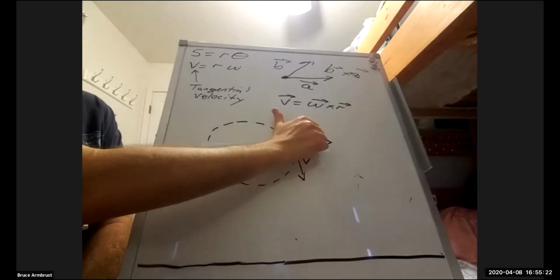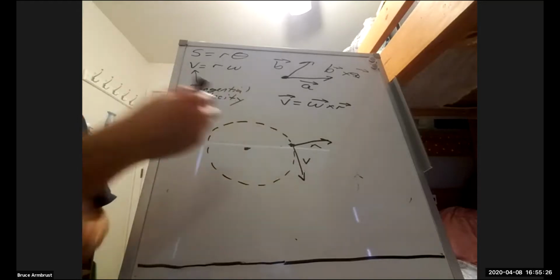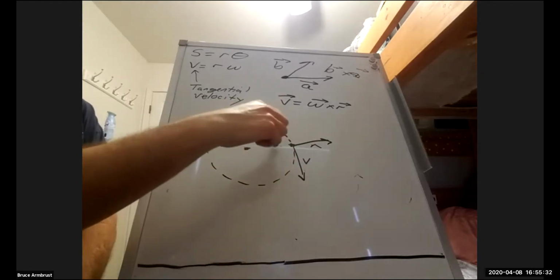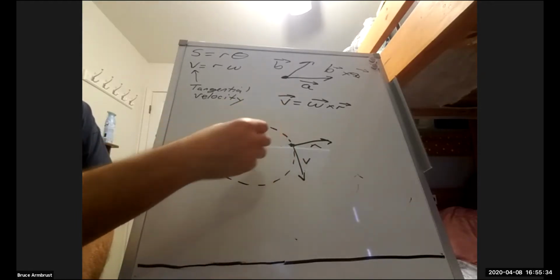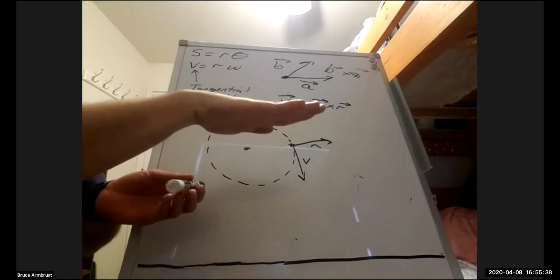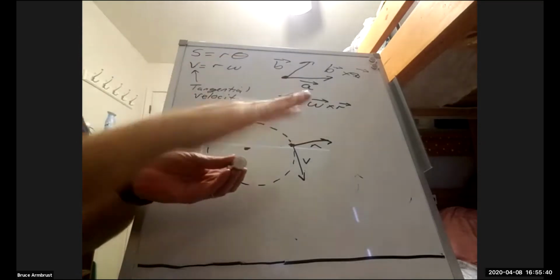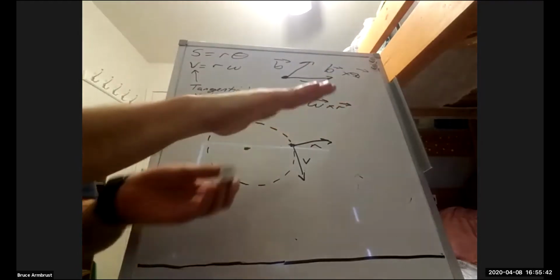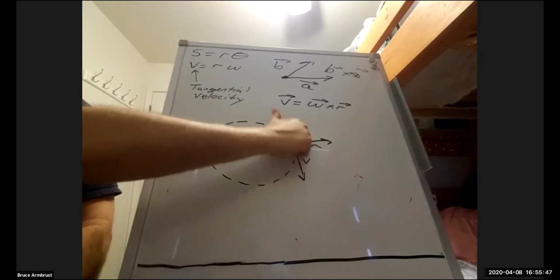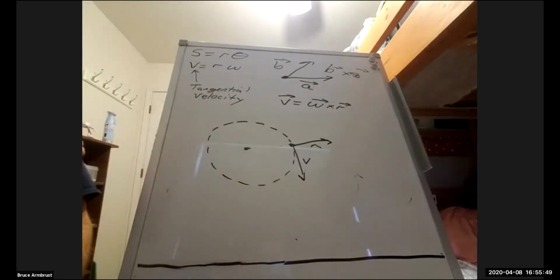V is supposed to be pointing down right now. So my assumption of having omega upward doesn't work here. So let's think about if omega goes down. I'm still going to put my hand in the plane, but now I want to curl towards R, and notice now my thumb is pointing up.